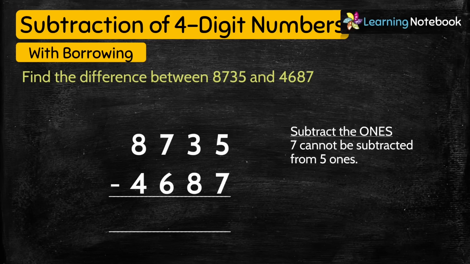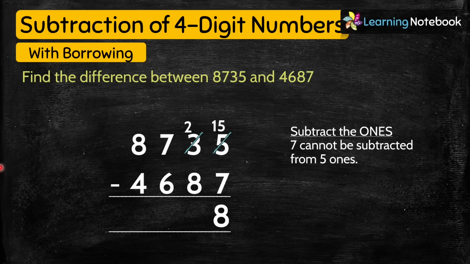But 5 is smaller than 7. So 5 needs to borrow. It will borrow from tens place. So 3 becomes 2 and 5 becomes 15. Now 15 minus 7 equals 8.